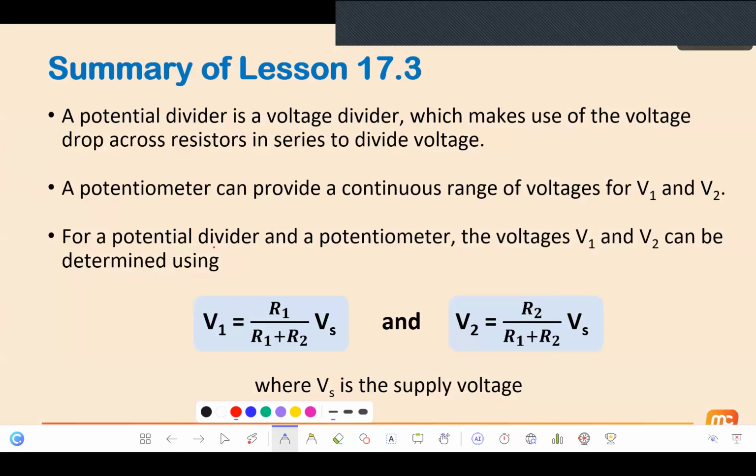For a potential divider and a potentiometer, V1 and V2 can be calculated by the following ratio. If I want V1, I take the resistance R1 over the entire resistance times the original voltage, Vs. For V2, I just take the resistance of R2 over the entire circuit resistance times Vs. Okay, that's it for this section.